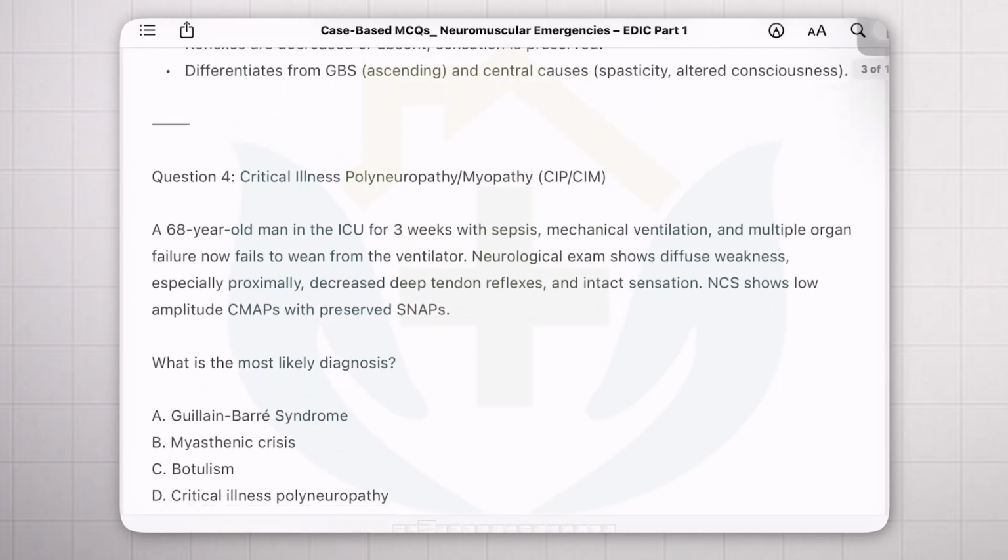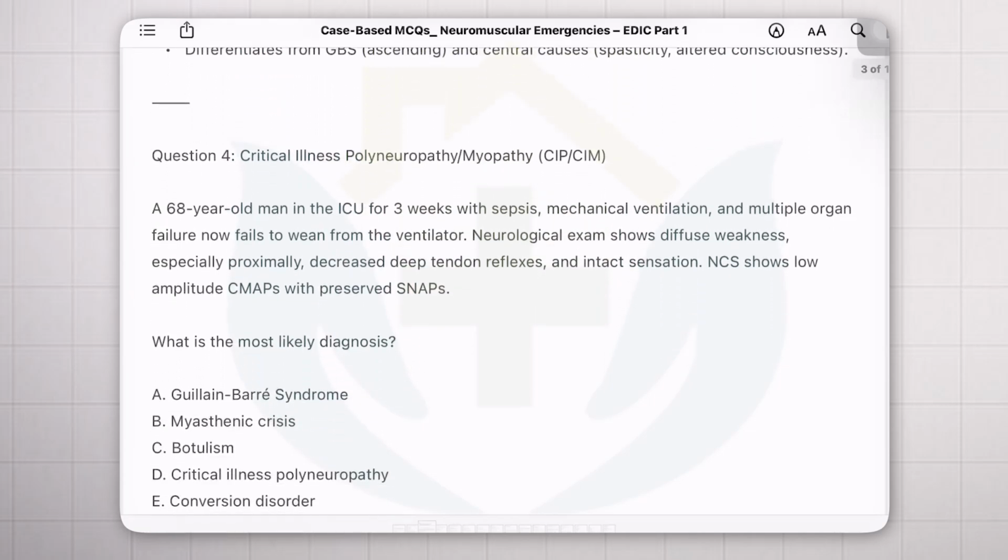Okay, critical illness myopathy or polyneuropathy, or CIP or CIM. A 68-year-old patient was in the ICU for 3 weeks with a diagnosis of sepsis. The patient was on ventilation and multiple organ failure was there. Eventually, the patient recovered, is still on ventilator, and we do not have a proper weaning off from the ventilator.